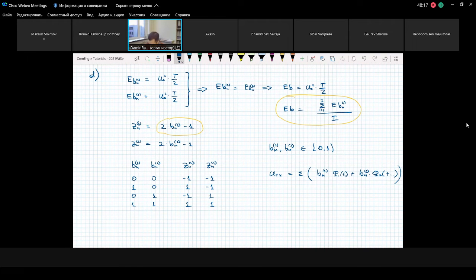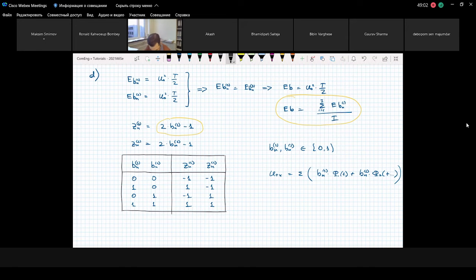And actually, we need this table that I have shown here for this next part. So now we see how we map different bits to this intermediate quantity, Zn.